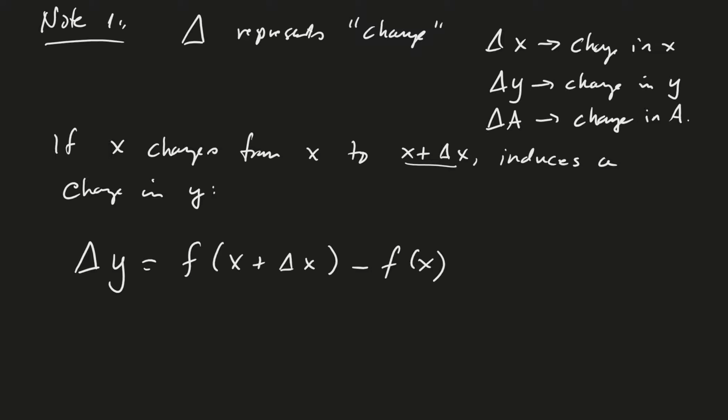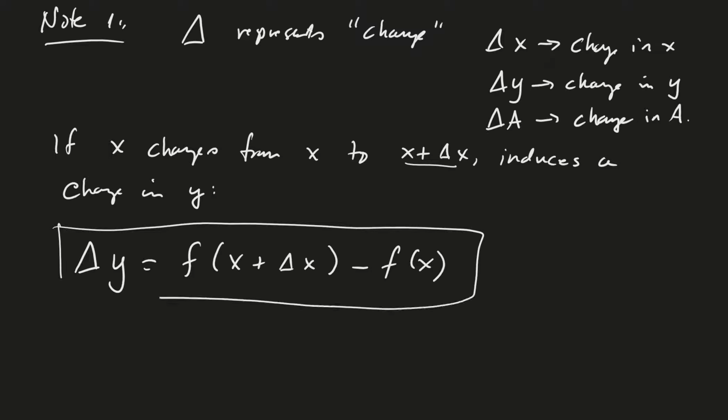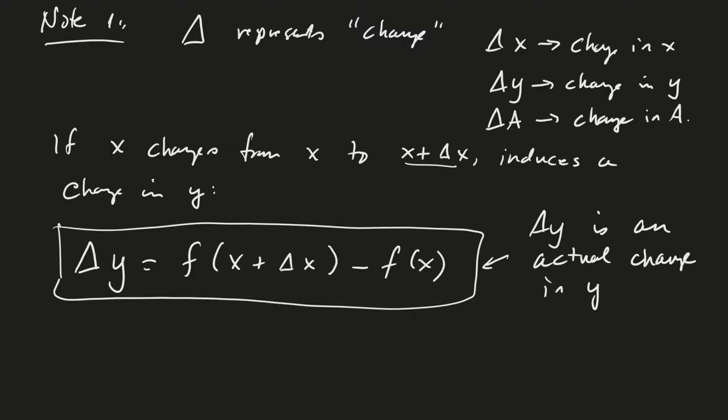So whenever you see delta y, you can think that it's the actual change in your function, given that x changes by delta x. So delta y is a quantity that we can actually compute, and so is delta x.